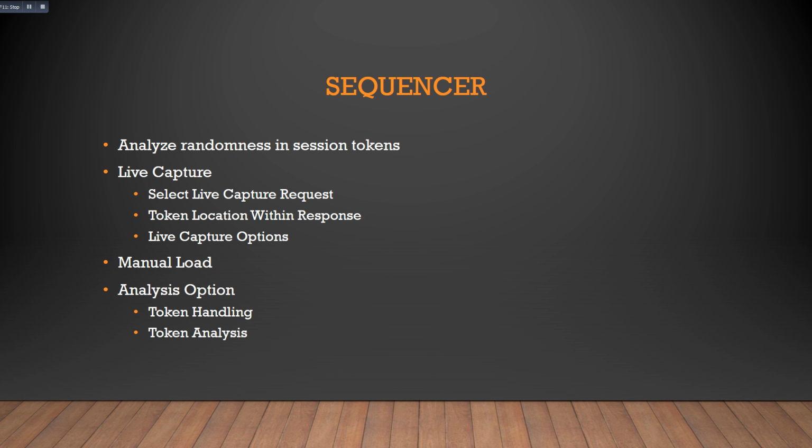Select live capture request sends requests to this from the other tools to configure live captures. The token location within the response is used to select a location in a response where the token is appearing, and we can set that.